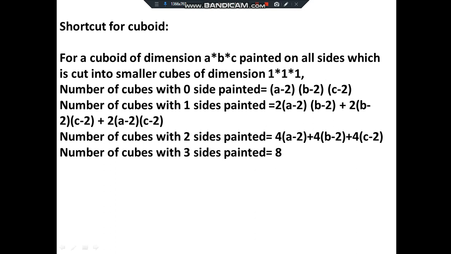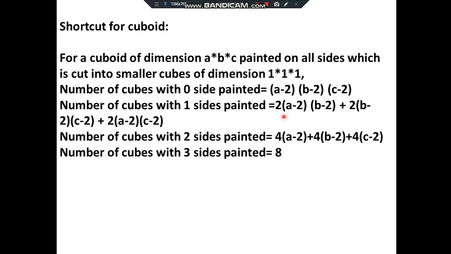The number of cubes with 3 sides painted is always 8, whether it is a cube or cuboid. Then 2 sides painted: for a cube we have 12 into n minus 2. Instead, we'll use 4 into a minus 2 plus 4 into b minus 2 plus 4 into c minus 2. One side painted, we have seen as 6 into n minus 2 the whole square.